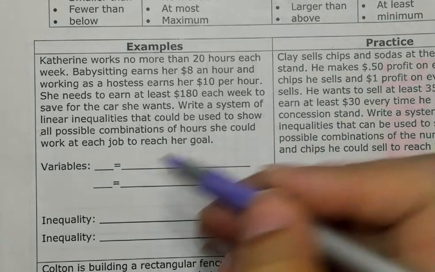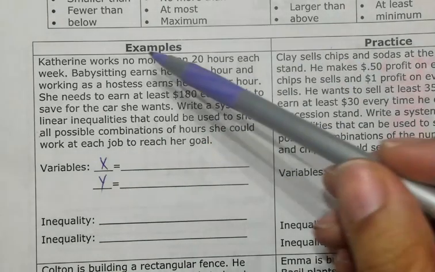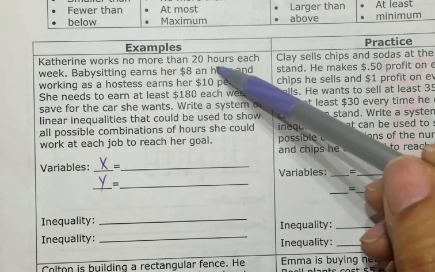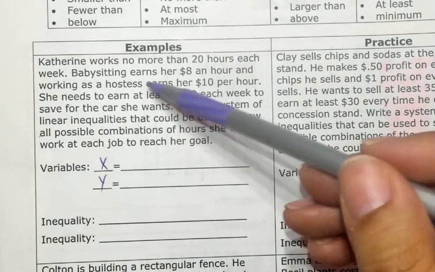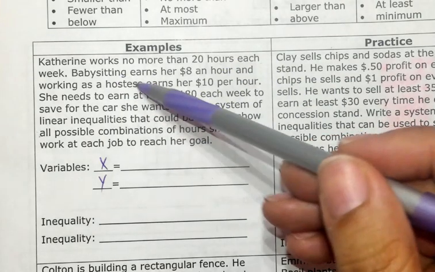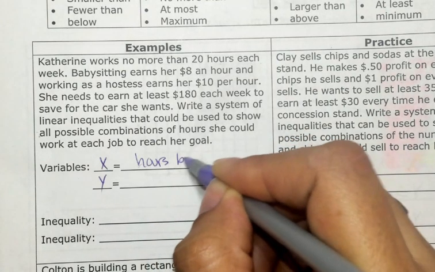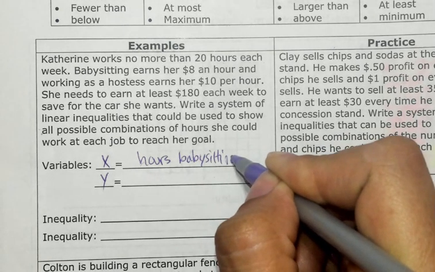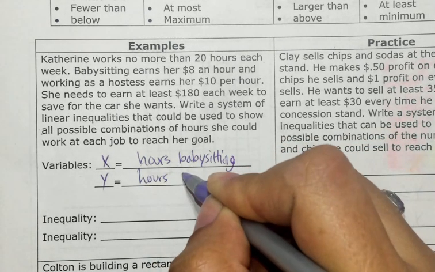So first, we need to talk about what x, y will represent. It looks like Catherine is working no more than 20 hours, and she is babysitting and being a hostess. So I believe those are the two options she has: the hours babysitting and the hours being a hostess.